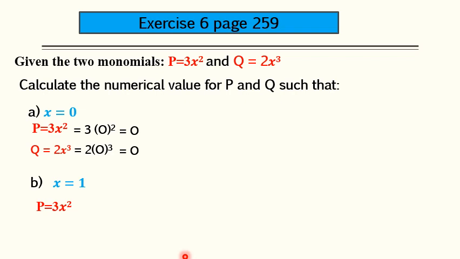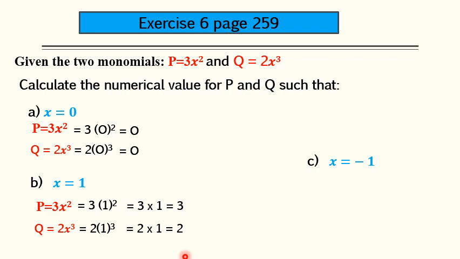We know from the rule that 1 to the power of whatever equals 1. Since if I say 1 times 1 times 1 a million times, the answer will be 1. So 3 times 1 is 3. Okay, 1 to the power 2, to the power 3, to the power million, it will stay 1. Q equals 2x cubed, it's 2 times 1 times 1 times 1, so the answer is 2.